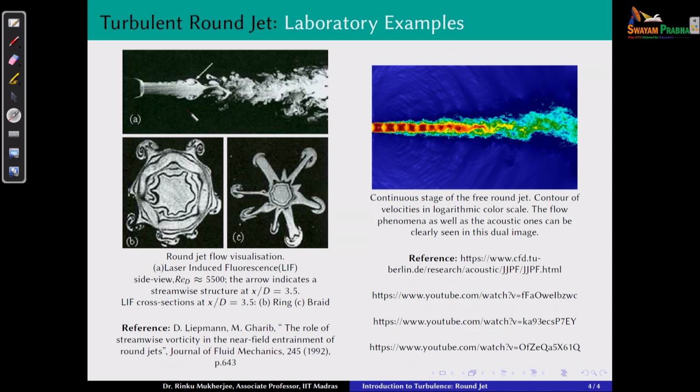Again, laser-induced fluorescence of cross sections. This is the kind of stuff that you get to see. On this side they call it a ring, and this side they call it a braid. If you look at this, what I am looking at personally is these pairs of vortices, right?